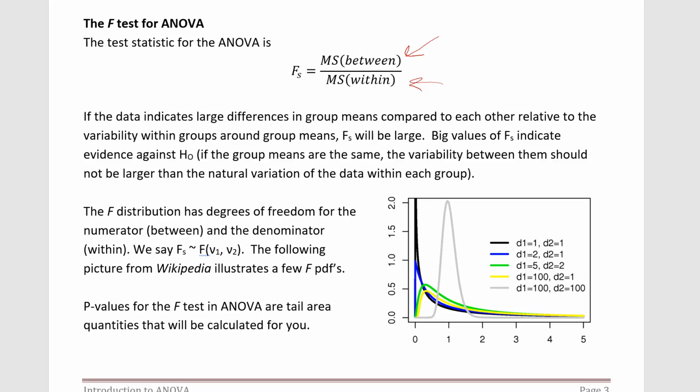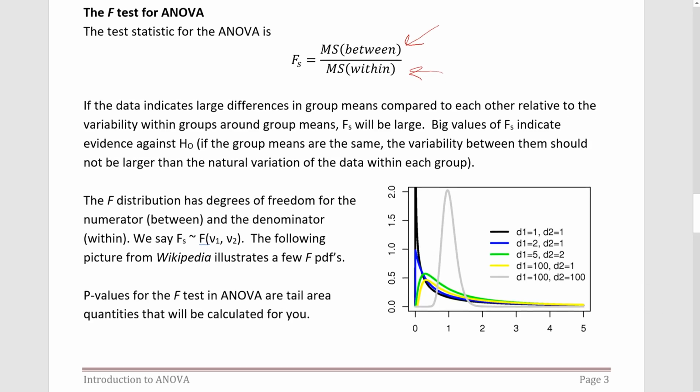So it's the ratio of the variability that we think is attributed to the treatments to the natural variability within each group that's already exhibited with lamb weight gains. So if the data indicates large differences in group means compared to each other relative to the variability within groups, then your F statistic is going to be large.